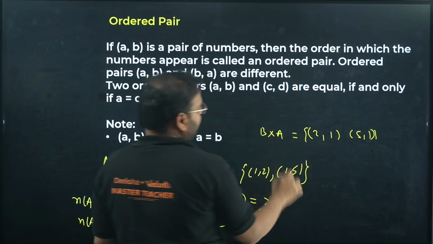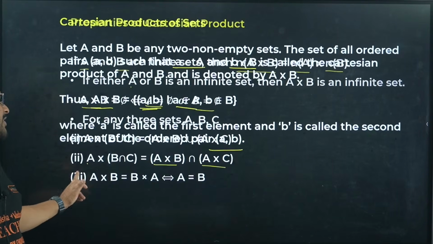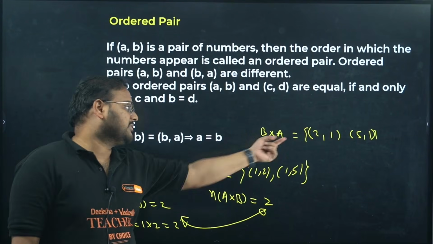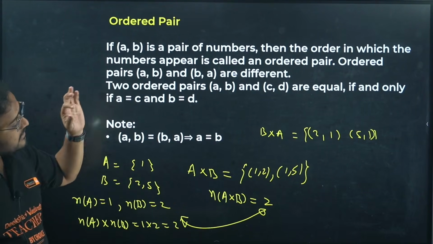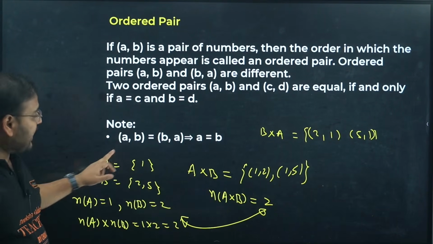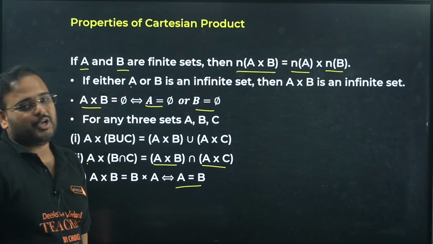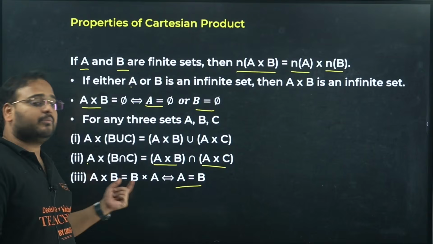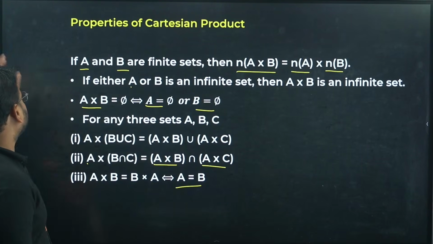This will not be A cross B. Here, B cross A and A cross B are not equal. B cross A is something different and A cross B is something different. When you have a situation where A cross B and B cross A are equal, it actually means that set A and set B are equal sets. If the Cartesian products A cross B and B cross A are equal, then A and B are the same set.